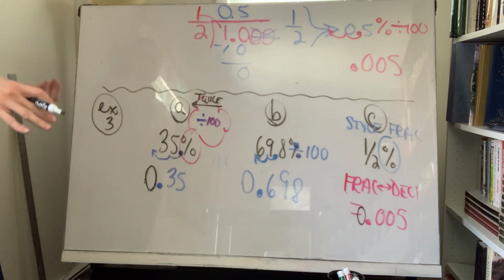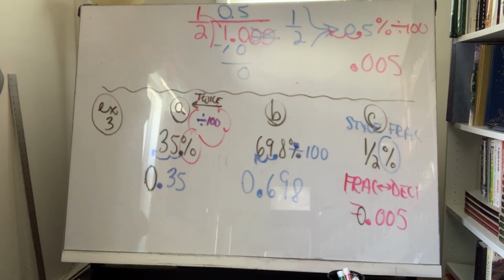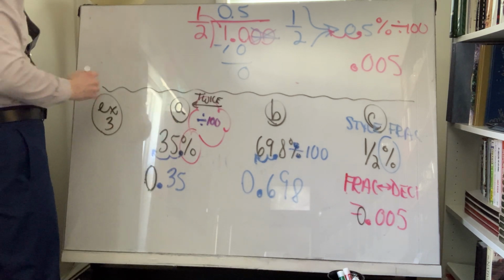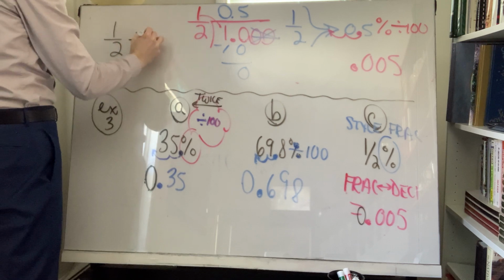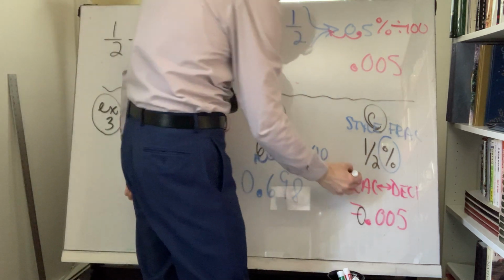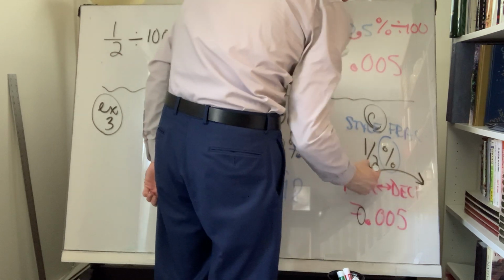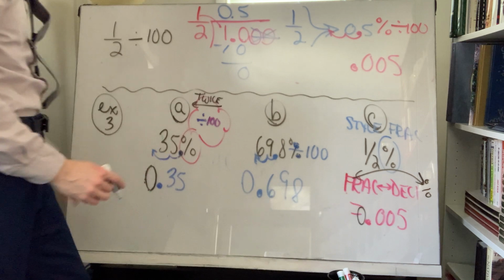If you did it a little bit differently, right, the alternative would be, let's see, taking 1/2 and dividing by 100 like this, right? Sort of the direct path from a percentage to just a fraction here. Right.